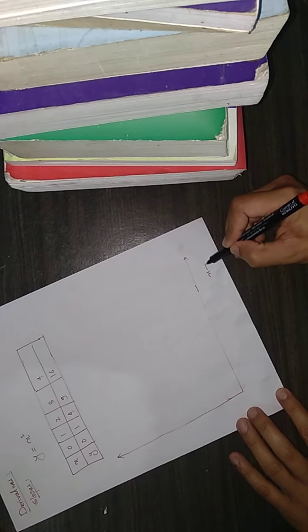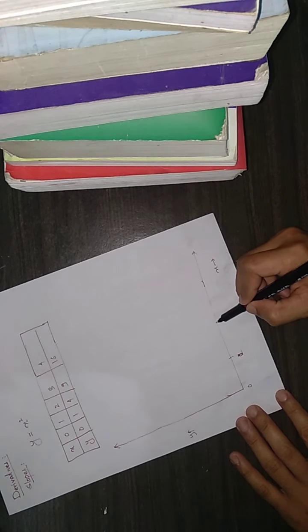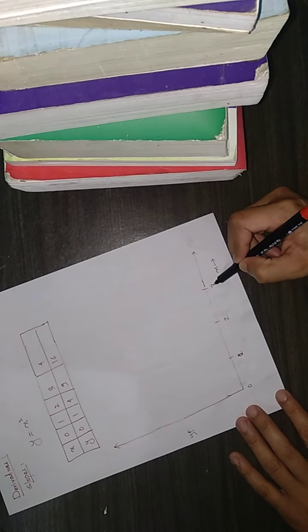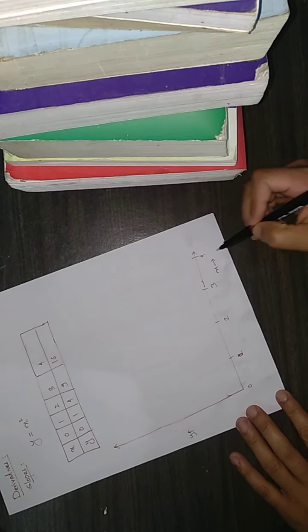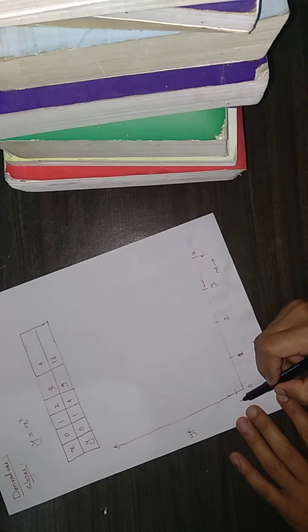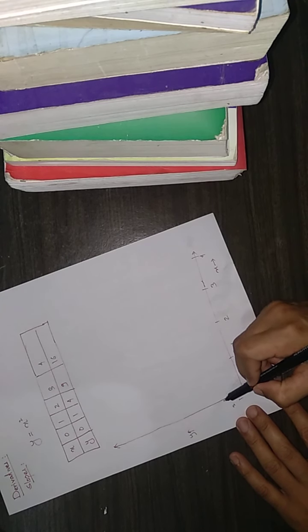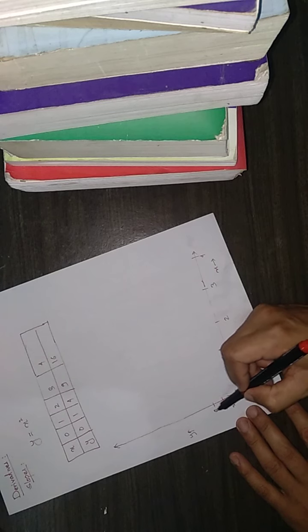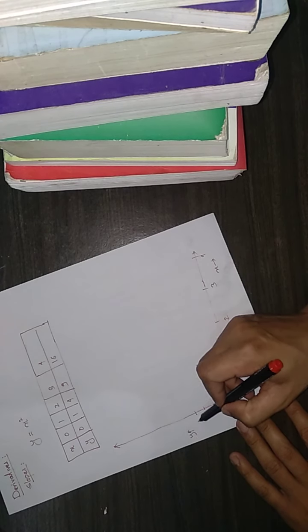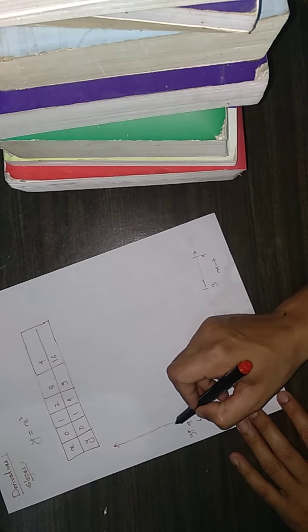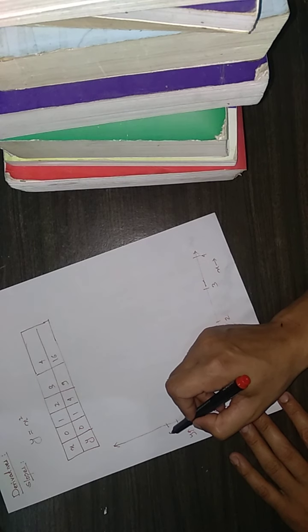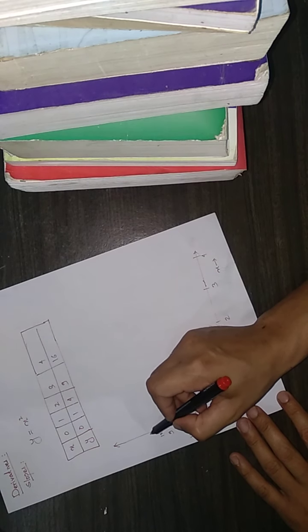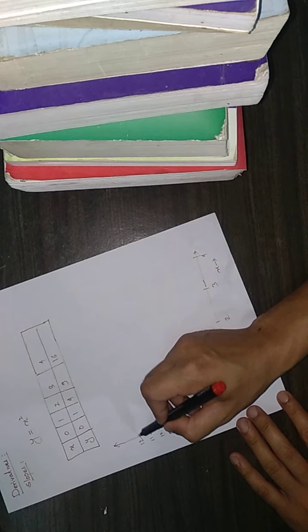So this is my x side, this is my y side. X coordinates are 0, 1, 2, 3, 4. Y side are 1, 2, 3, 4, 5, 6, 7, 8, 9, 10, 11, 12, and so on.